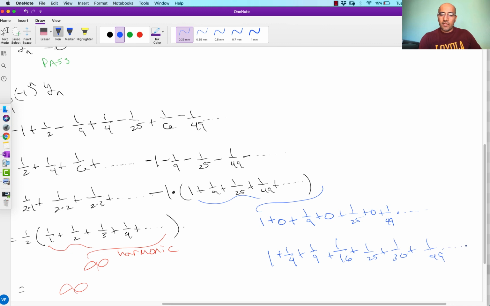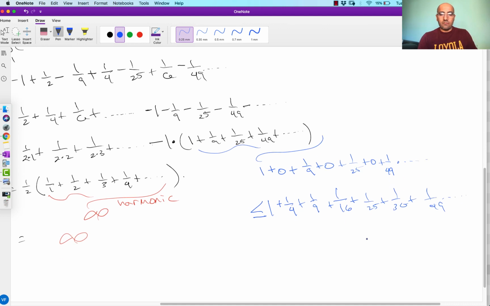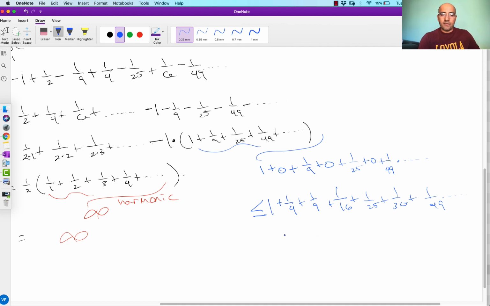1/49 dot dot. Okay, so I've changed it. I did add something, but it must be true that this guy is definitely a little bit bigger than that one, right? This is a subset of that one. And this one converges, again, by a p-series. This is the same thing as the sum of 1/n squared as n goes from 1 to infinity, right?